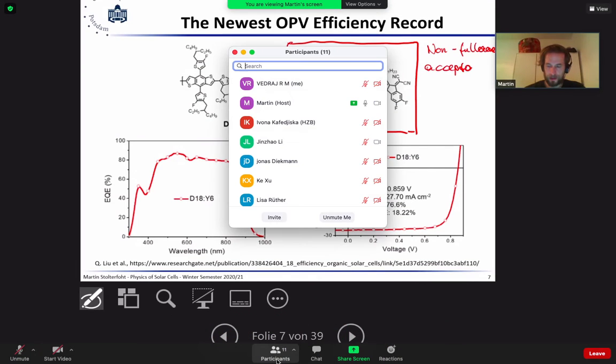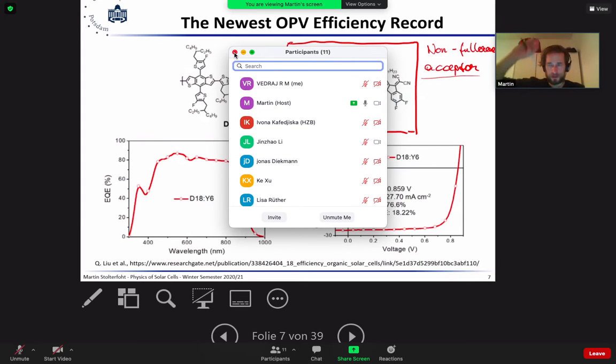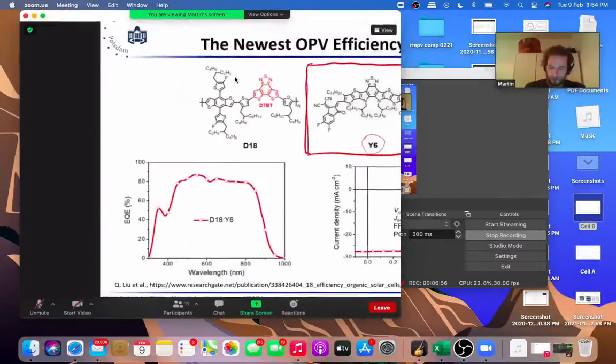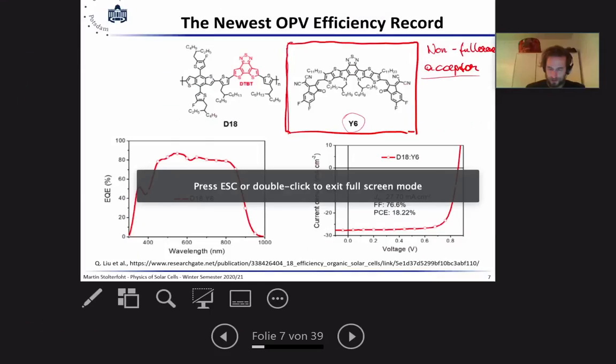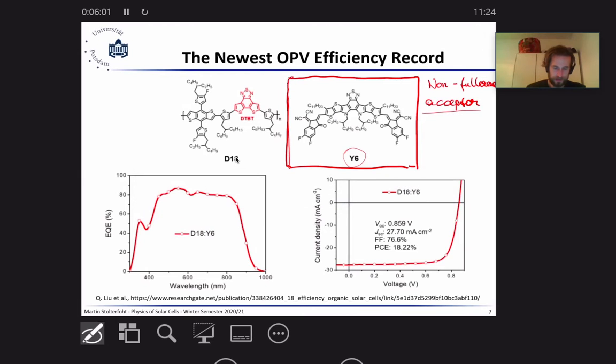And you see here, probably this is the record cell at the moment. The efficiencies have been going steeply up, but now they seem to saturate again. So this combination, this bulk heterojunction of D18 and Y6, gave an efficiency of over 18%. And notice the JSC is even higher than in perovskites. So you can reach over 27 milliamps.